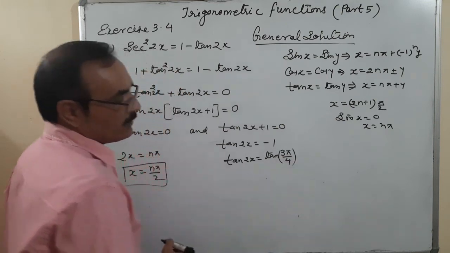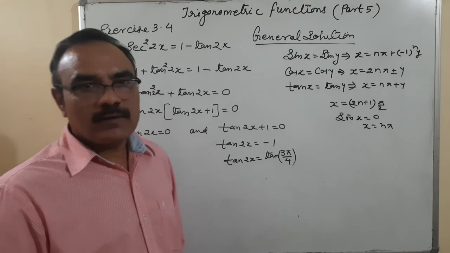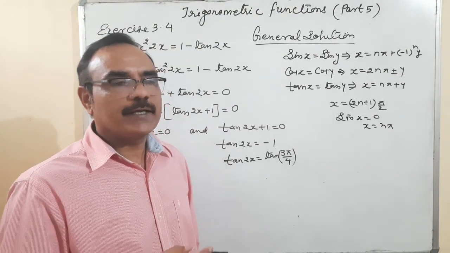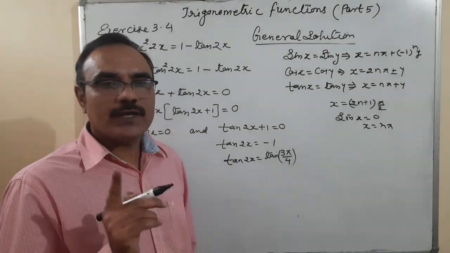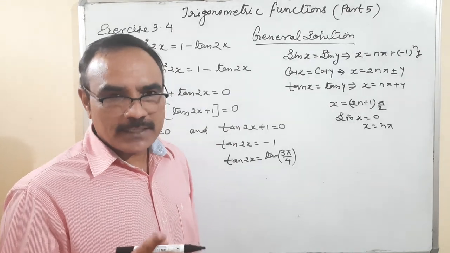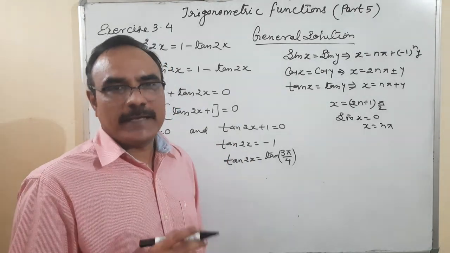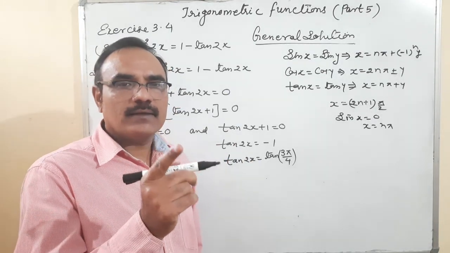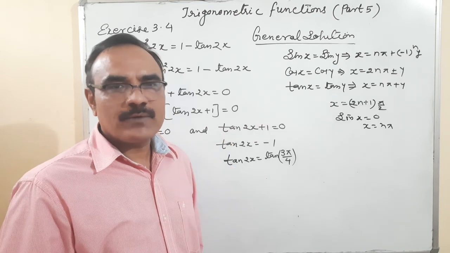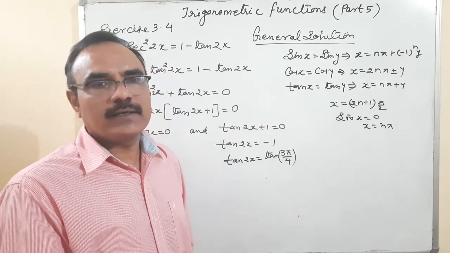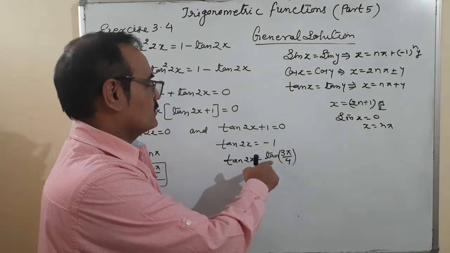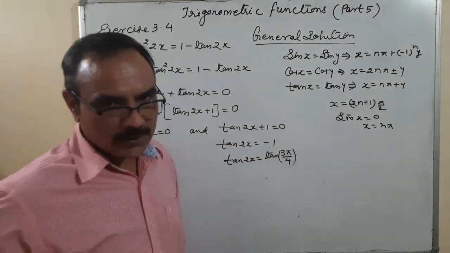Tan 45 is plus 1, but we need the value of minus 1 in the form of tan, so I can write tan 180 minus 45, 135. In the second quadrant, tan is negative, so tan 3 pi by 4 is minus 1.